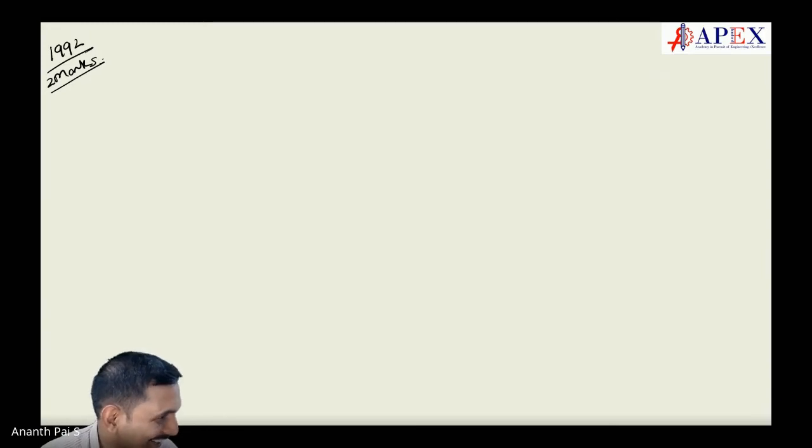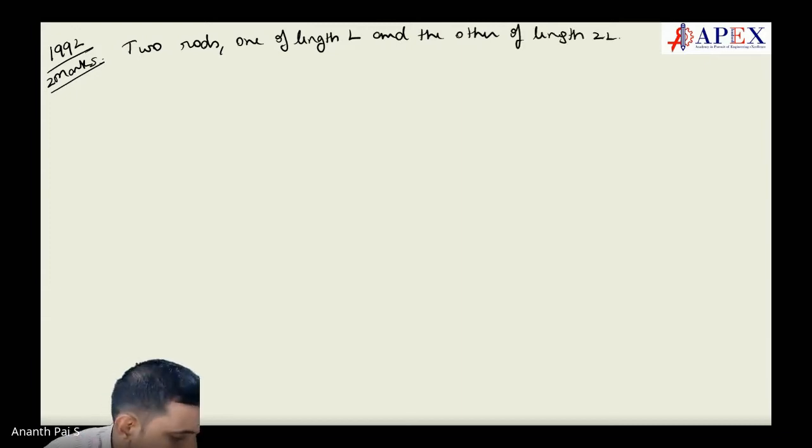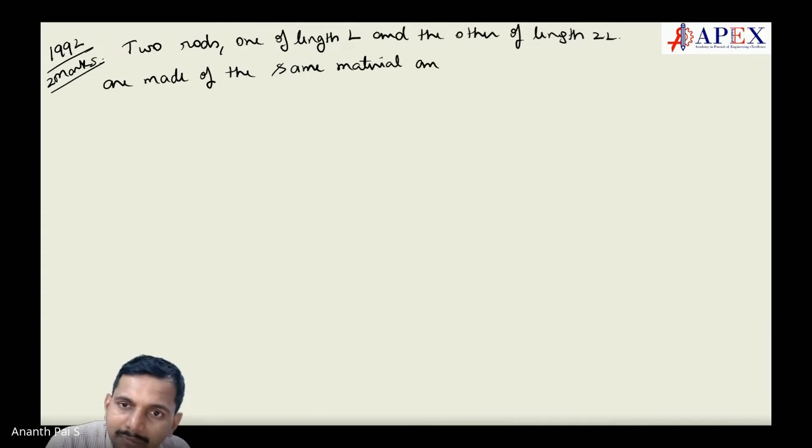So let's see. Here, two rods, one of length L and the other of length 2L, are made of the same material and have the same diameter.